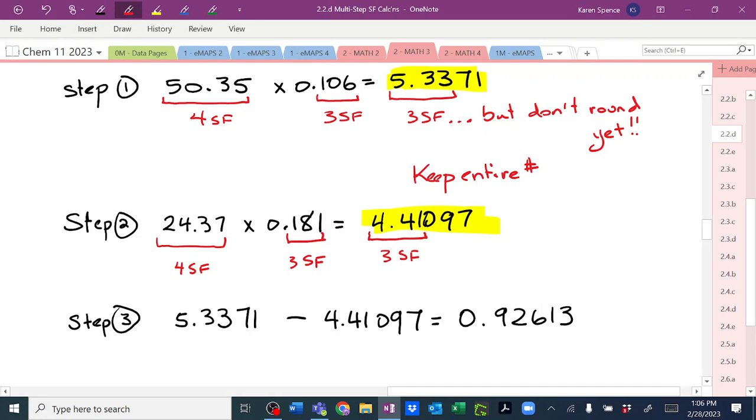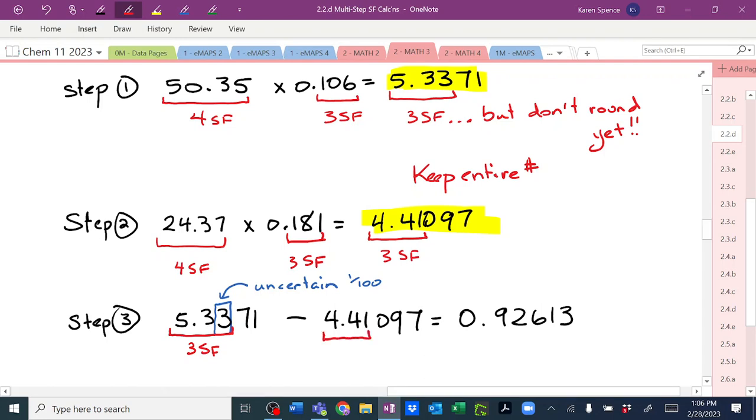Now remember though, I had 3 sig figs in this number, which means that my uncertain digit is the 3. That's our uncertain digit. And that is in the 1/100th position.